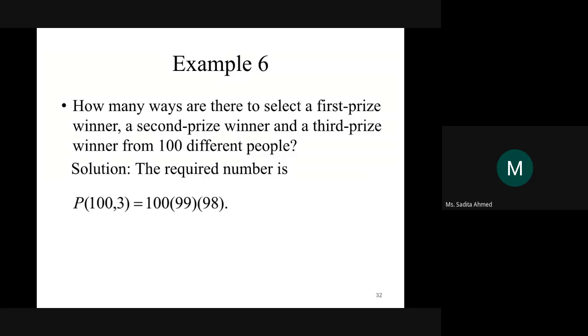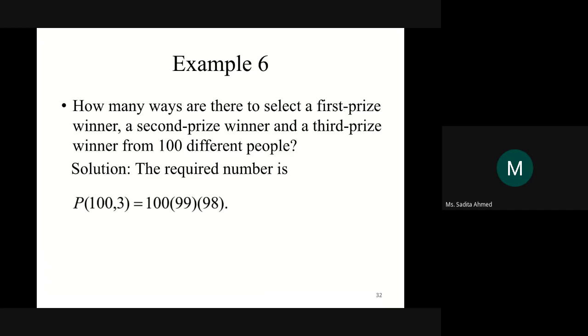So what does that tell us? It tells us that not only do we have to select 3 people, but among these 3 people, which person gets first prize, which gets second, and which gets third is also important. That is, among these 3 people, a different arrangement gives us a different outcome. And the definition of permutation fits this exact criteria.